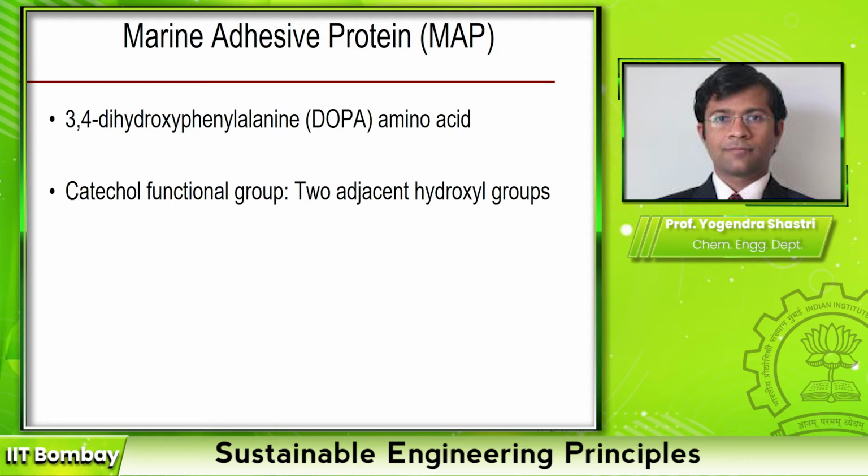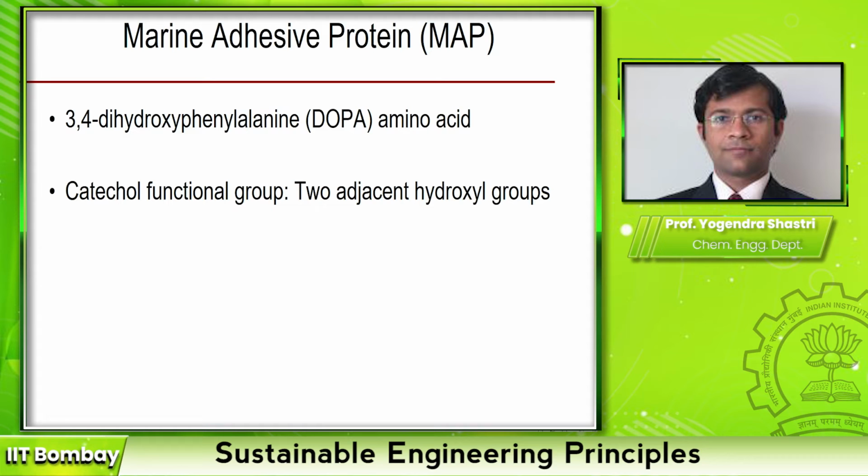So once he figured out that this is the reason blue mussels are able to stick, then the obvious extension is to use this particular amino acid or protein in glue.